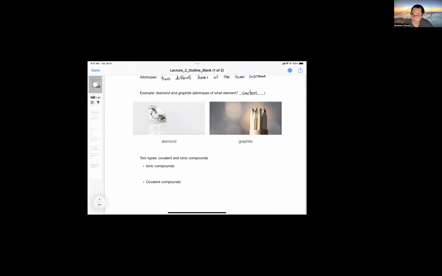Okay. So there are two types of bonds present in chemical compounds, usually covalent and ionic. So some properties of ionic compounds: they have high boiling points, high melting points, and they're usually solids at room temperature.